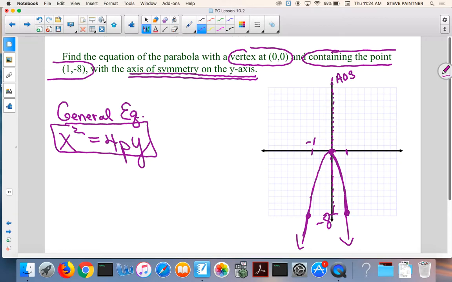Xy just means plug in a point. So if I plugged in 1, -8, I should be able to get p. Try that, see what your p value is. And by the way, should p be positive here or negative? Yeah, it better be negative.